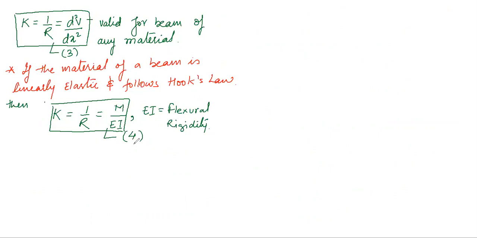Combining equation 3 and equation 4, we obtain the differential equation of the deflection curve of a beam. That is d squared v by dx squared is equal to M upon EI.